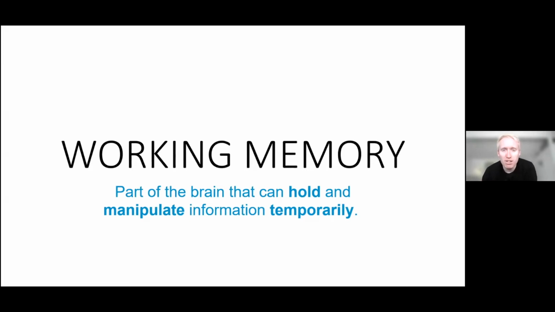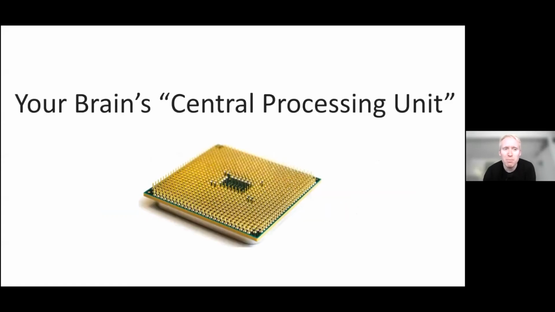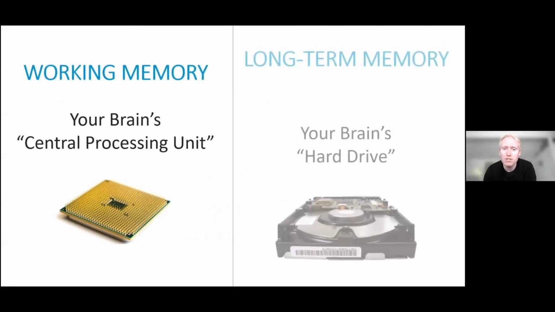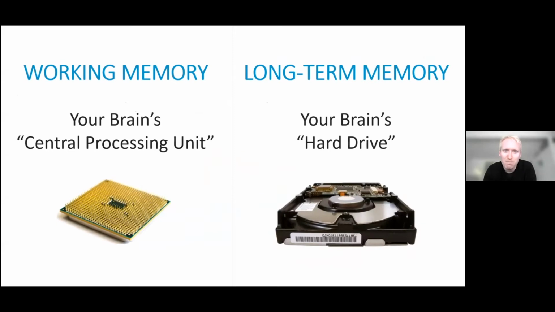If you are familiar with how a computer is put together, you can think of your working memory as your brain's central processing unit, or CPU. Similarly, you could think of your long-term memory as your brain's hard drive. Long-term memory is where you have a lot of space to store things. Working memory is what you use to extract some of that information and do things with it or manipulate that information.